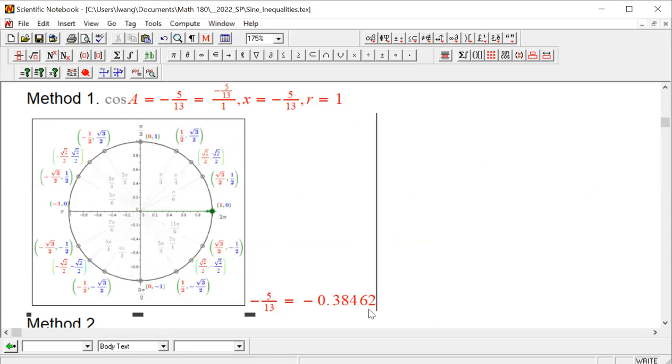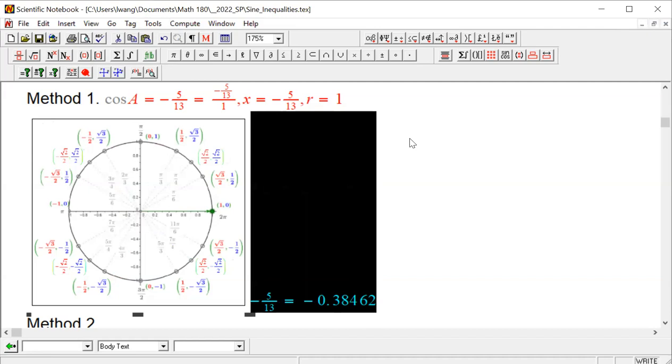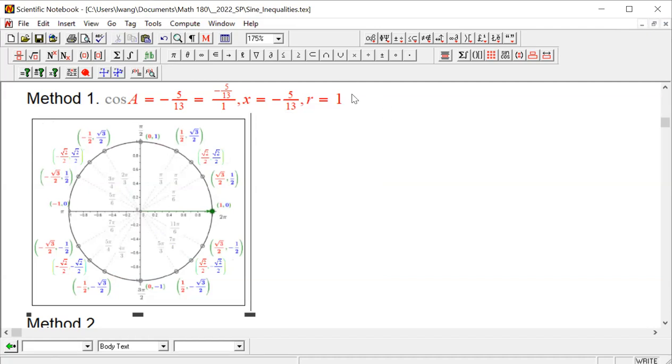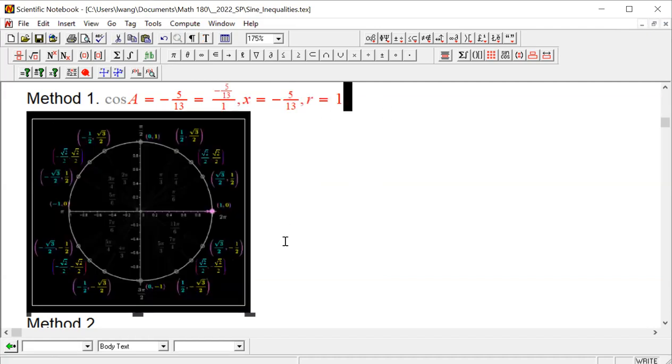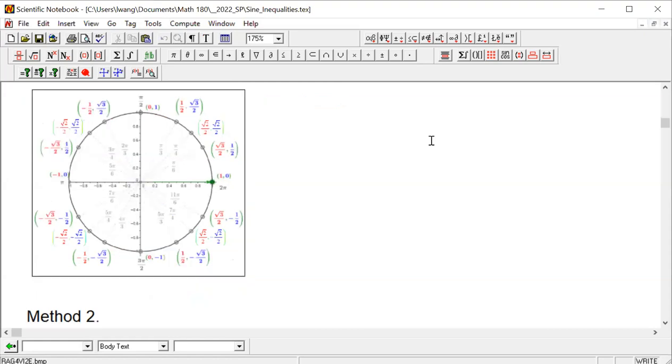So how to show my work, right? With all that drawing, I will show you the solution.